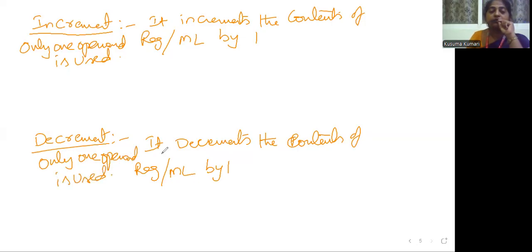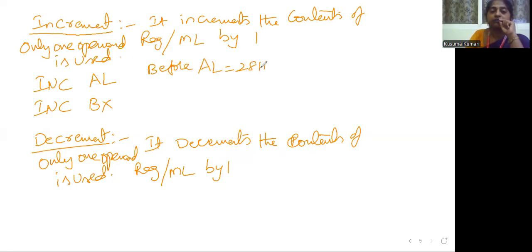Okay, for example, INC AL or INC BX. Then what does it mean? Suppose before the instruction AL is equal to 28 hexa, then after the instruction AL is equal to 29 hexa.